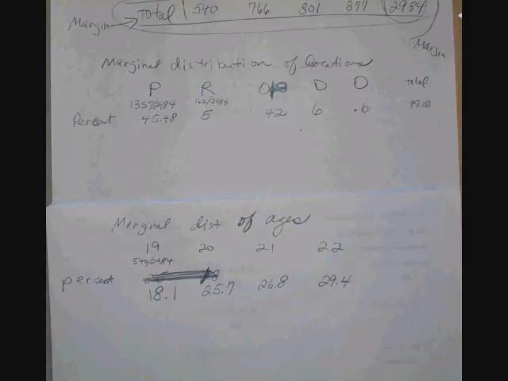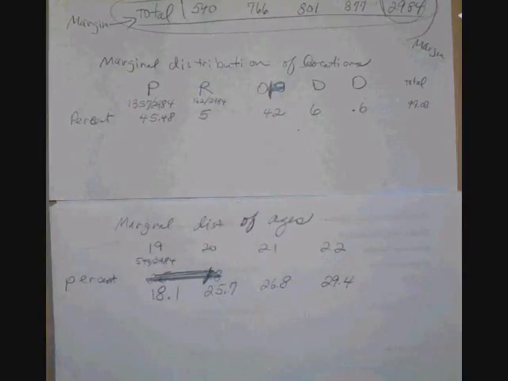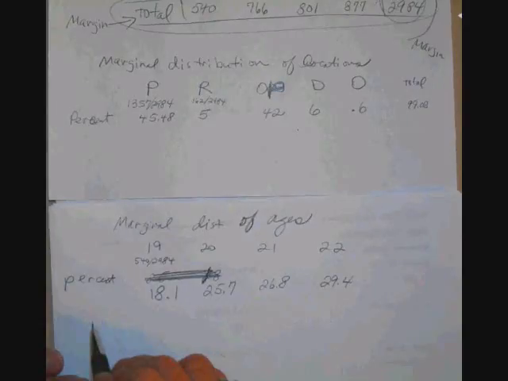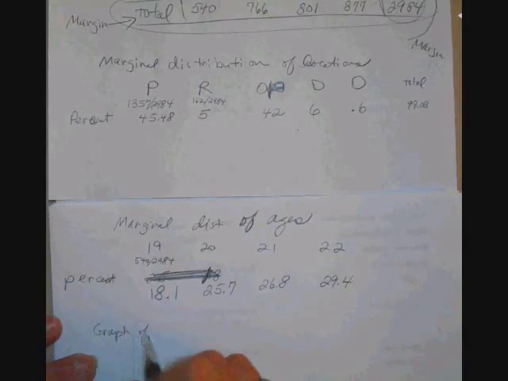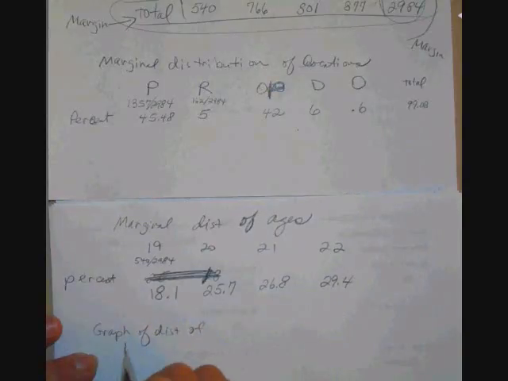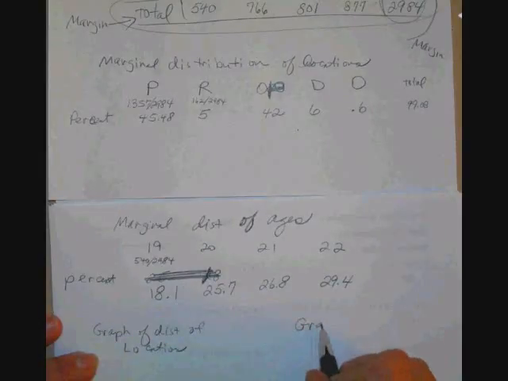Okay. Now, we can also make a little graphical representation of either one of these if we want to. So let me just make a couple of graphs. I'll do a graph of distribution of locations, and a separate graph of the distribution of ages in our survey.